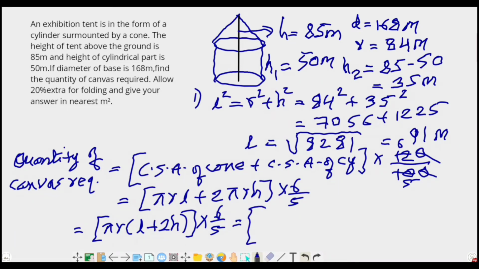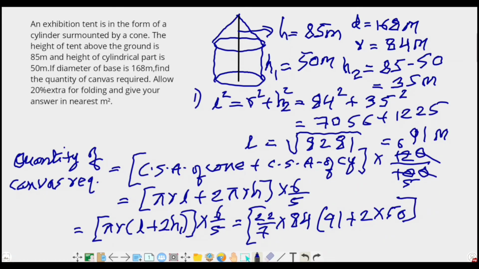Now what is your pi? 22 by 7. R is 84. Your L you got is 91. The height of the cylindrical part is your H1, which is 50, so 2 into 50. Now when you divide, it is 12.